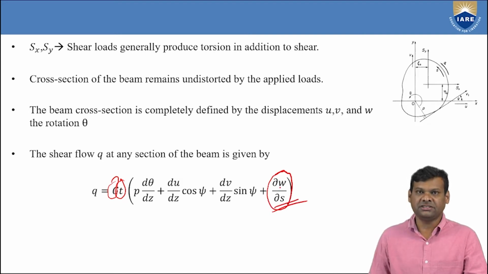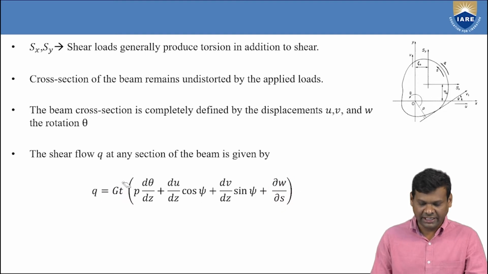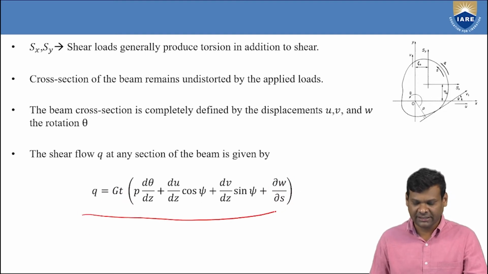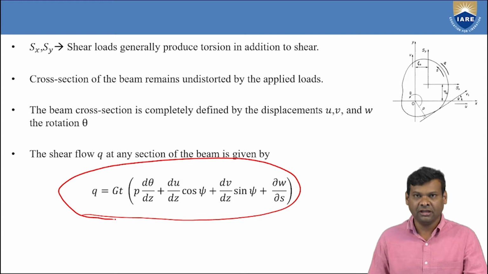This dou w by dou z is the warping term. I request you to remember this formula, and we are going to use it in our calculations.